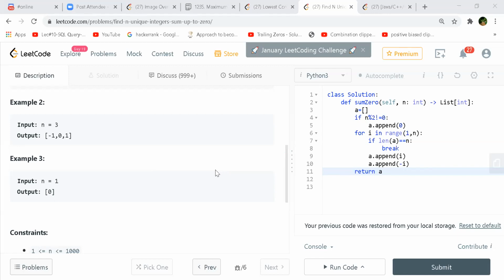So initially I started with using odd values. If my n is odd, and in this example it is 5, I'll give three odd values. Starting from 1, 3, 5.